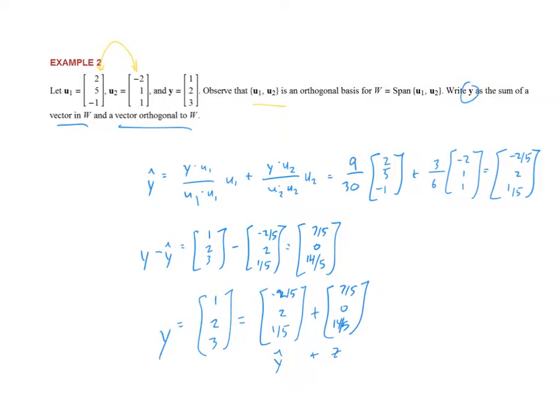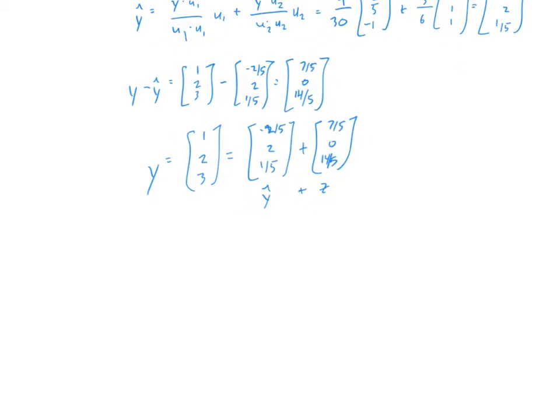to each other. Okay, so geometrically, I want to show roughly what this looks like. The two vectors u1 and u2 define a plane. That's our subspace W. And then we have some vector y up here. This is y.